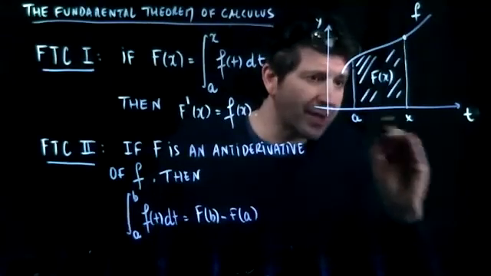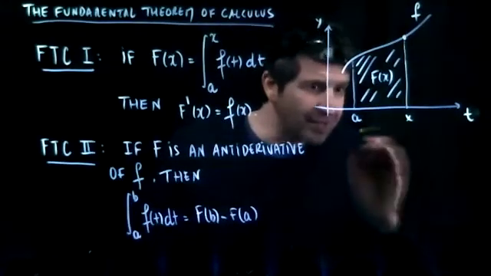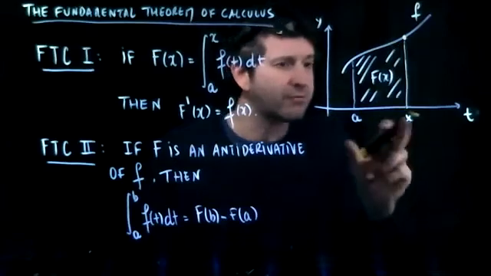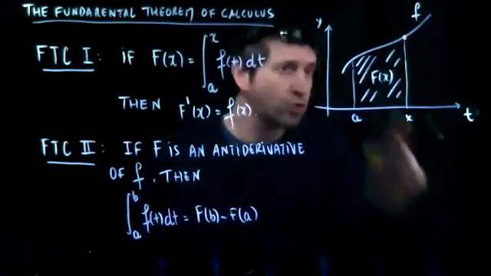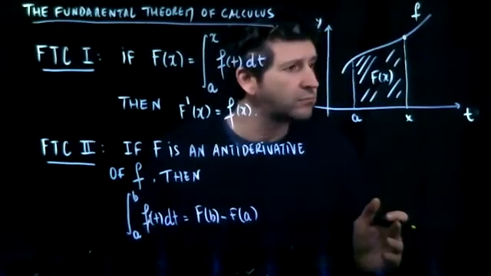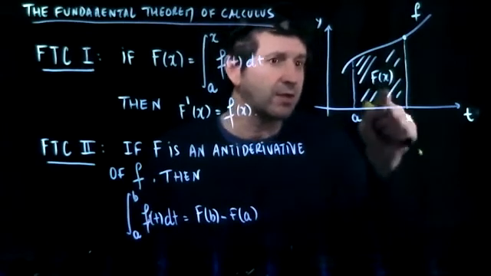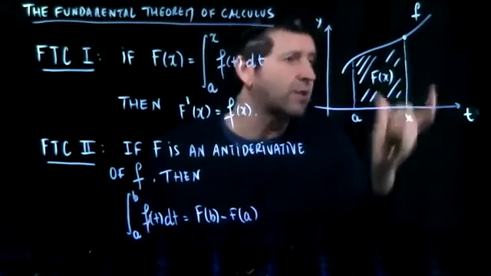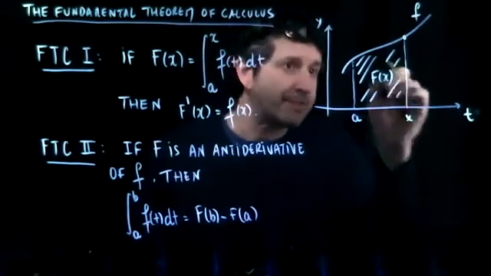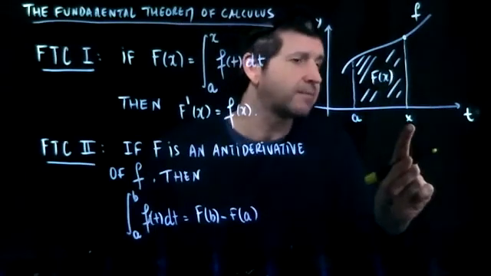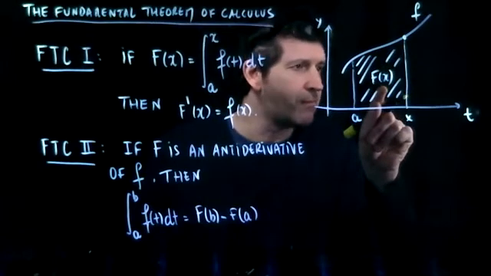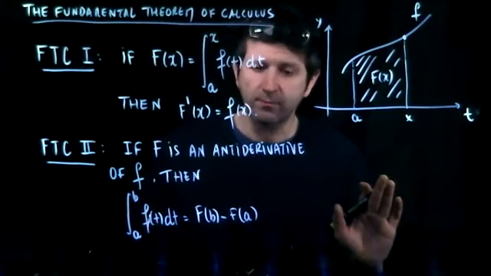Since one of the endpoints of the interval on which my area is defined is variable, obviously my area is variable, right? If I go from A to 10, I'm going to get an area. If I go from A to 11, I'm going to get another area. So this area here depends on x. That's why it's a function. So far, so good.